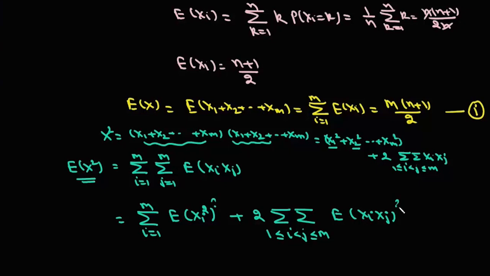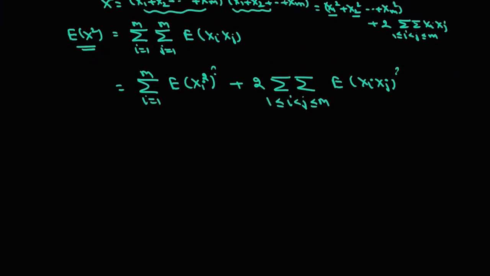Now in order to calculate E[X square], we have to find these two expressions. Now the first one is simple. If we look at this first one, which is summation i varies from 1 to m expectation of Xi square, we'll first calculate expectation of Xi square.